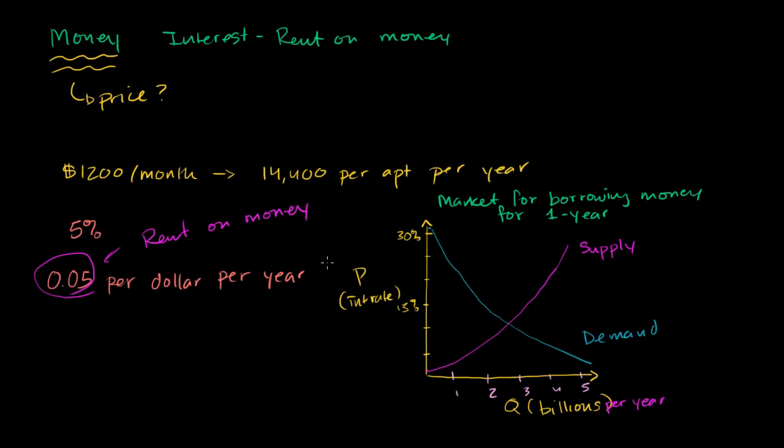There's going to be an equilibrium price here and an equilibrium quantity. So the way I drew it right over here, the equilibrium price, and remember, the price of money is really just the interest rate, is 10%, which you could view as 10 cents per dollar per year. And the equilibrium quantity of money that gets lent and borrowed looks like it's about 2.7 or 2.8 billion dollars in each year.